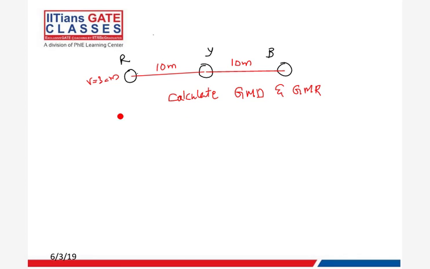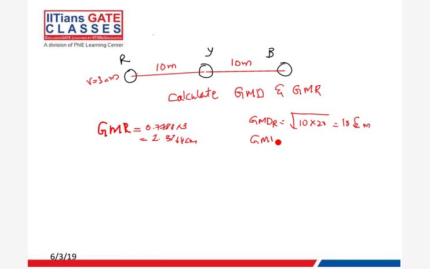Let me start here. I'll just start solving here little by little. GMR is equal to 0.7788 into 0.3, equal to the distances, root of 10 meter.